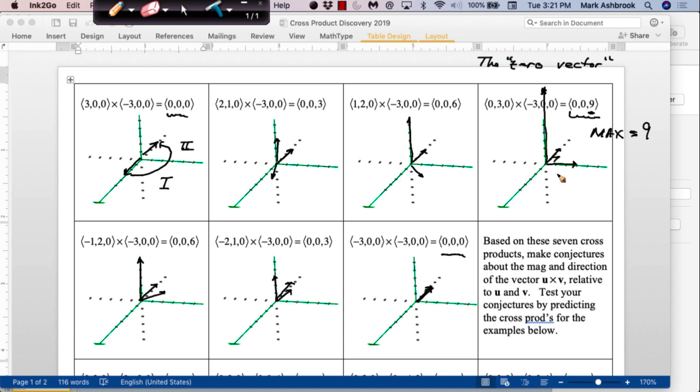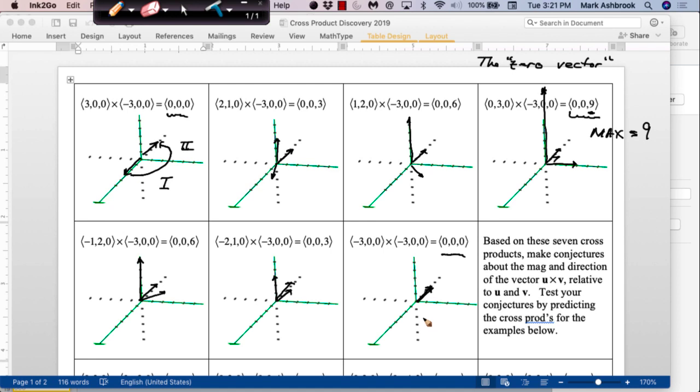The least they are perpendicular to one another, more and more in the opposite direction brings the magnitude down until it's 0 when they're in opposite directions. Or bring those vectors closer to the same direction. Again, the magnitude comes down until they're in the same direction and the magnitude of the cross product is 0.